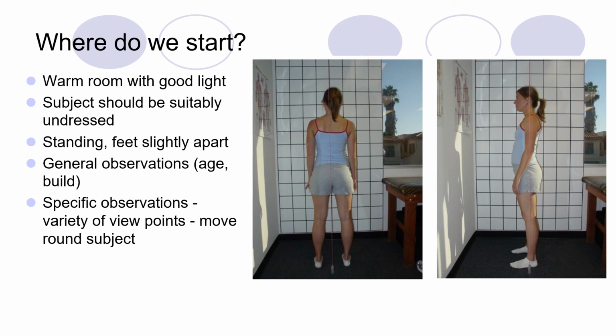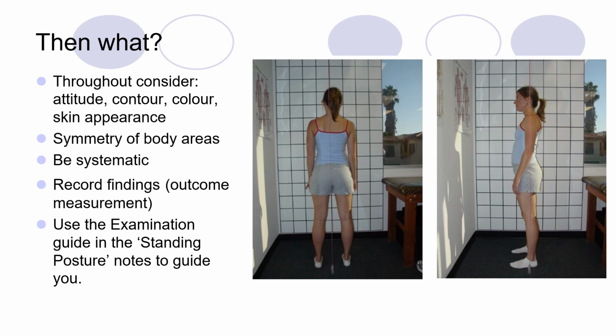Then observe their build, and then move around the person to gain various points of view in order to see any differences or any strange orientation and alignments in their bodily positions. You should download the assessment guide for standing posture and use it to help guide your observations.